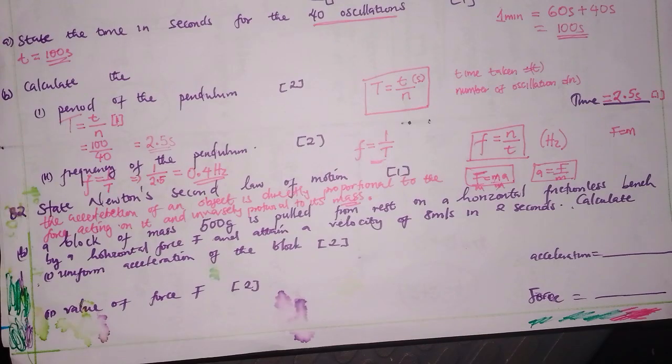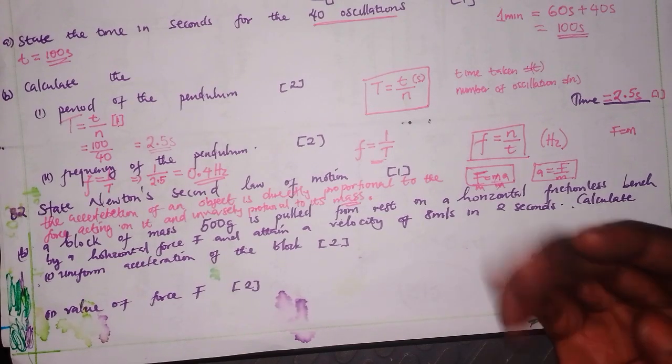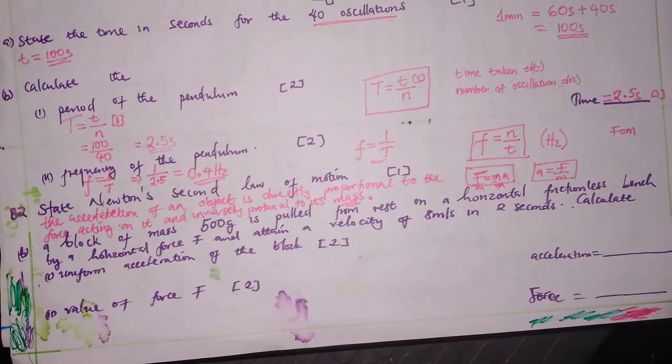But if its mass increases, its acceleration decreases. This explains why it is easy for someone to push a chair, and difficult to push a fridge, because the chair has a smaller mass compared to the fridge.